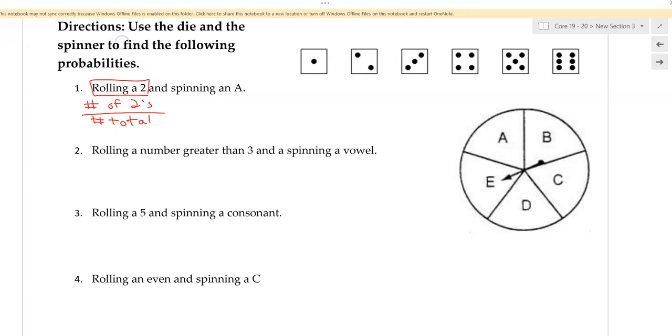Then this "and" tells us to multiply. And spinning an A, so I want the number of A's over the number total.